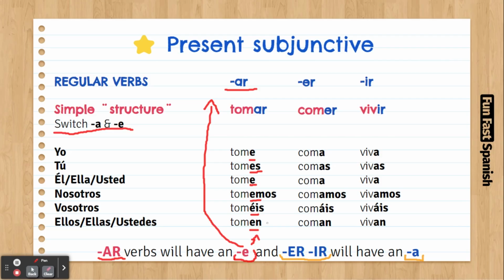Imagine the verb caminar. How would you imagine the verb caminar in subjunctive? I'm going to give you 10 seconds to think about it, and then I'm going to say how it sounds.